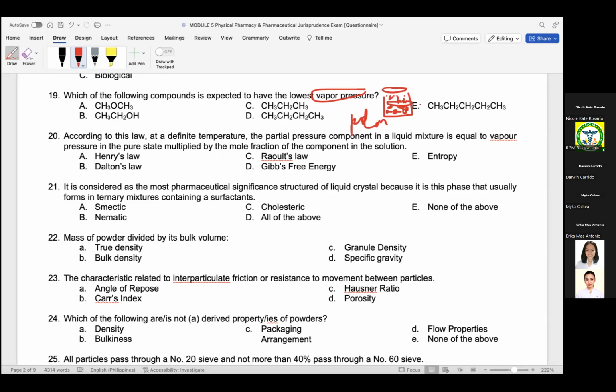So, alisin na yung non-polar, si letter E, si letter D, si letter C, because these are just alkanes. Alkanes are non-polar, right? So, you are left between A and B. Among the two, which one is more polar, ethanol or ether? It's ethanol. So the correct answer here, the one with the lowest vapor pressure, is B.